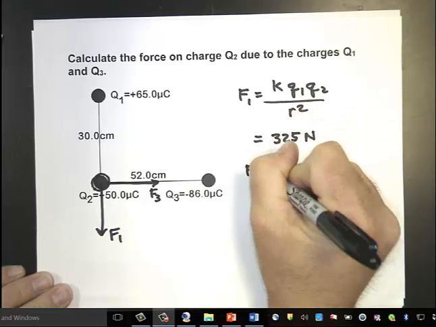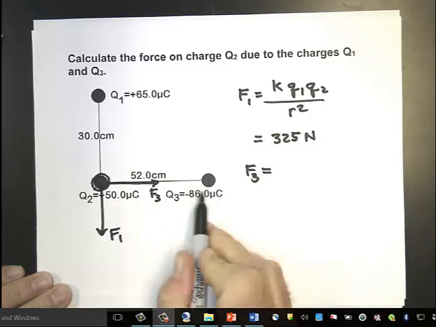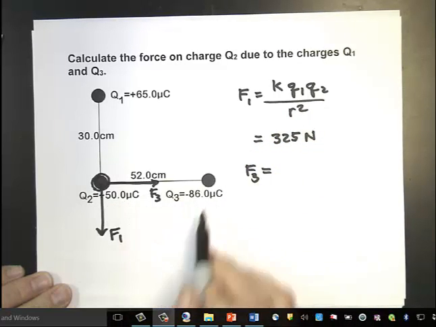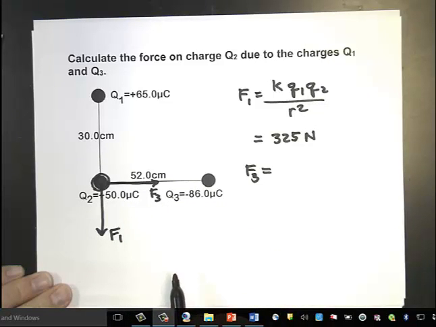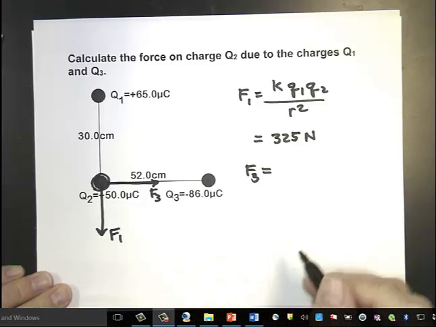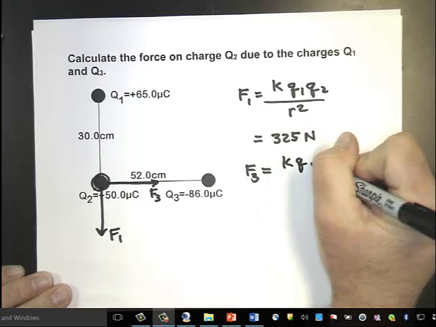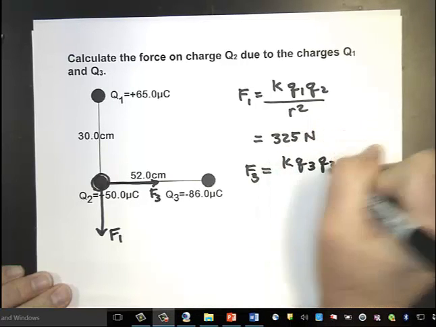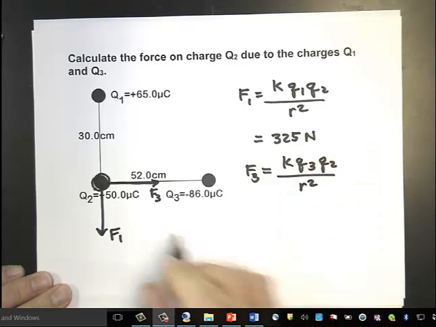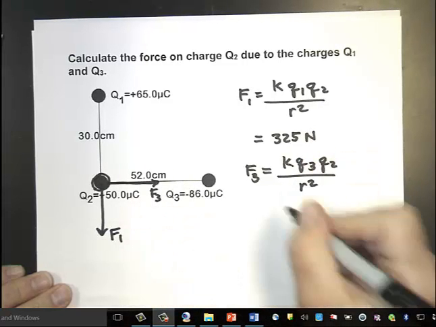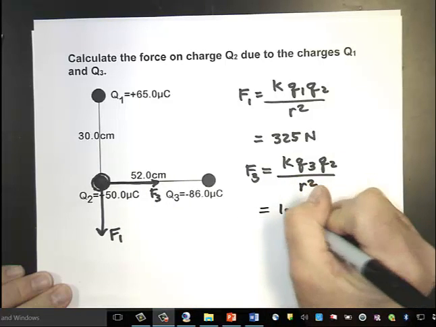Force 3. Okay, find the force between these two guys. We know the charge, we know the distance, it's 0.52 centimeters. Punch it out, we get K Q3 Q2 over R squared. R is now 0.52. Get 143.